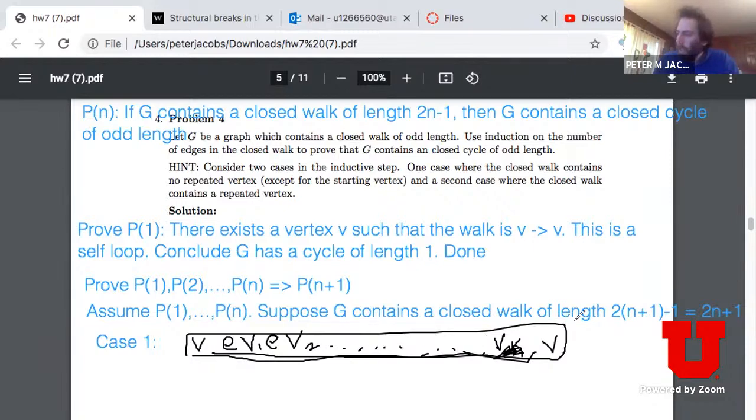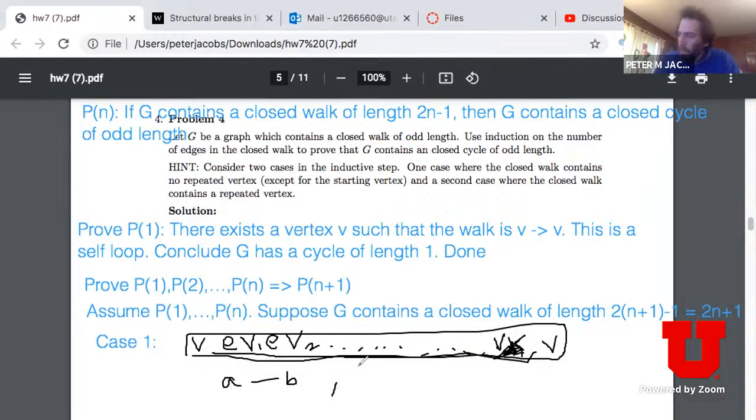We already know that the number of edges in this walk is 2n plus 1, which happens to be odd. So maybe this is a cycle itself, and let's try to prove that it is. All we have to show, we already know there's not any repeated vertices except the first and the last. So this is Vk. It doesn't really matter how many are in there.